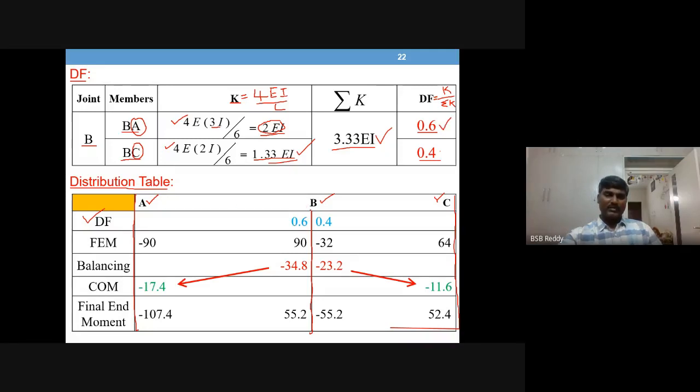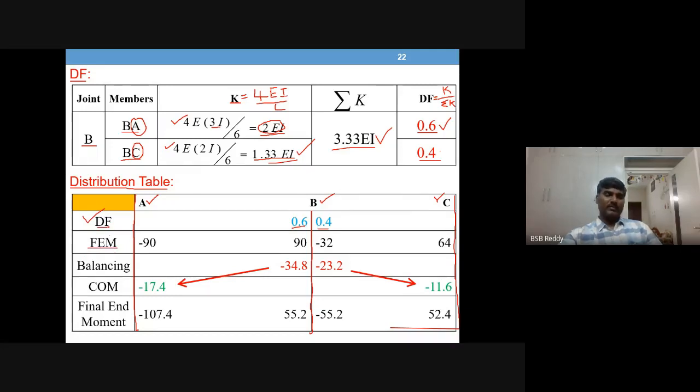And the distribution factor for BC is 0.4, you write that one. At A and C you don't have distribution factors because they are not joints. Only B is a joint.